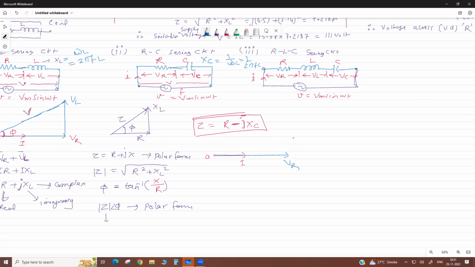Now, this drop is the VR, and the other drop lags. IXC means VC, and this is IR.